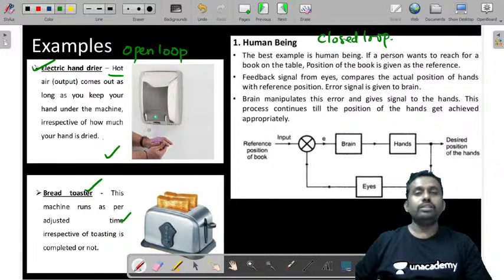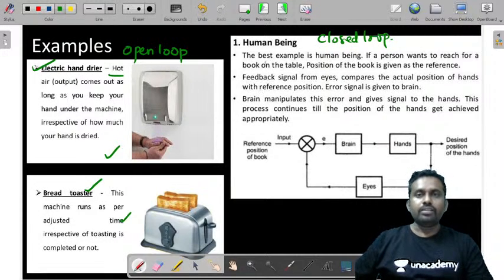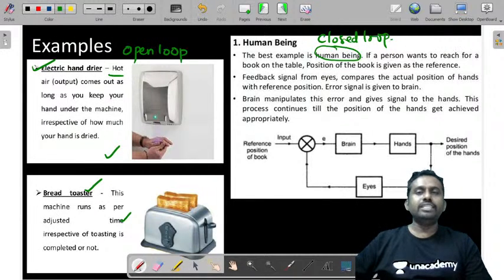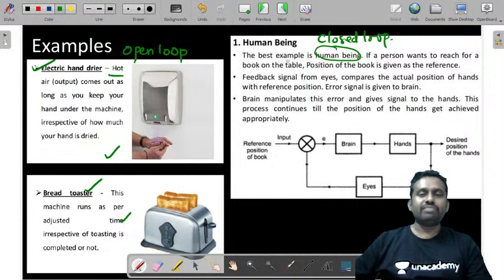On the other hand, in a closed loop control system, the human being is one of the best examples. If a person wants to reach for a book on a table, the position of the book is given as the reference.